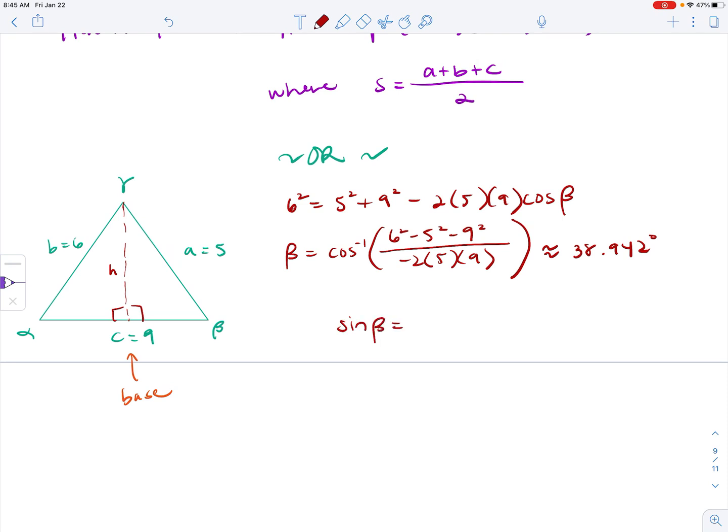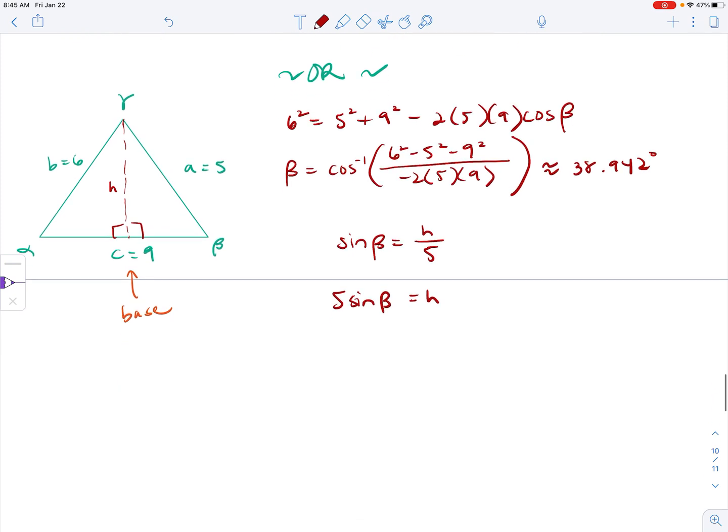So if we are solving for h, you could use sine of beta equals h over 5. So h, the height of the triangle, would be equal to 5 times sine of beta.